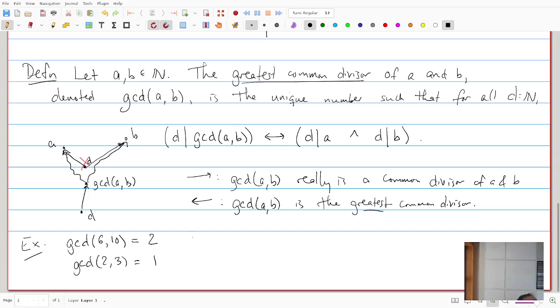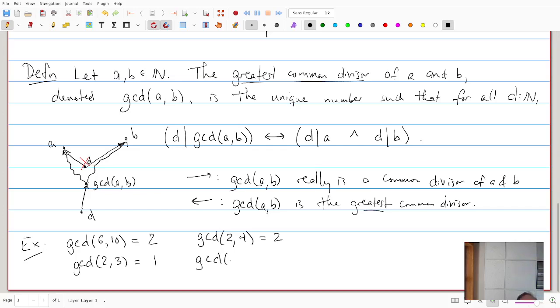Yeah. What is the greatest common divisor of 2 and 4? 2, right. Because 2 divides 4, and 2 divides itself. And so you can see that in general, whenever I have the GCD of 2 things where one actually is a divisor of the other, then the GCD is going to be the one that divides the other, right?